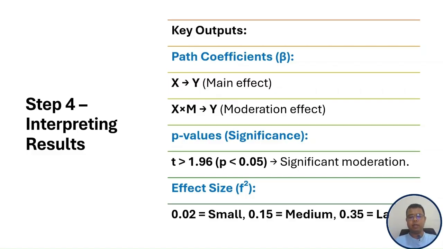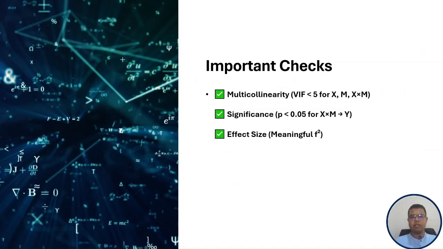For effect size, 0.02, I mean 2%, indicates a small effect size, 15% indicates a medium effect size, and 35% or greater indicates a large effect size. Importantly, you need to check multicollinearity.